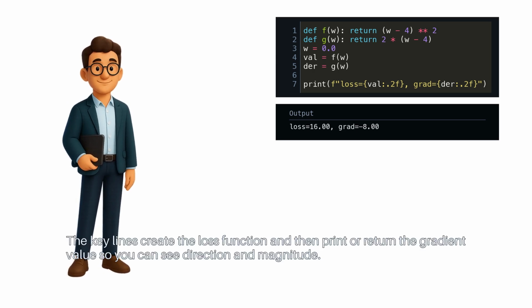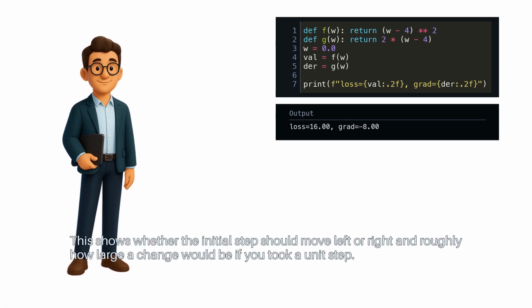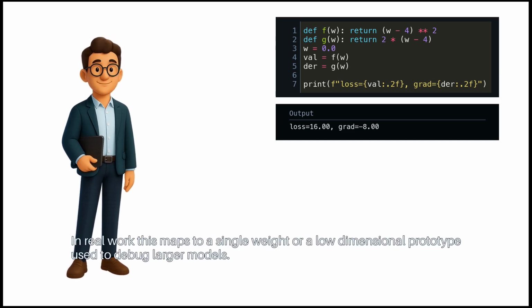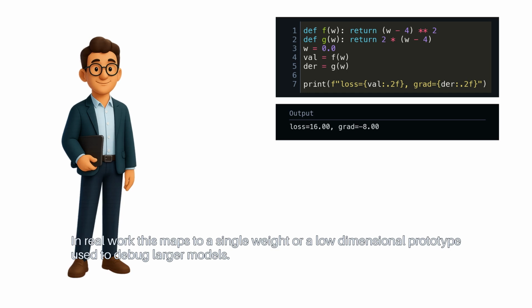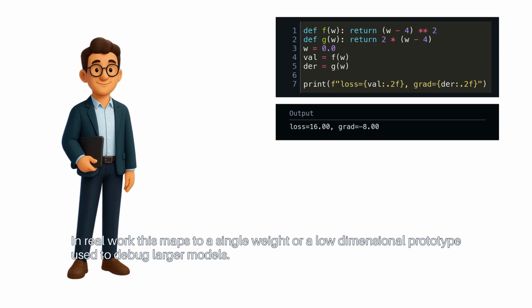The key lines create the loss function and then print or return the gradient value, so you can see direction and magnitude. This shows whether the initial step should move left or right, and roughly how large a change would be if you took a unit step. In real work, this maps to a single weight or a low-dimensional prototype used to debug larger models.